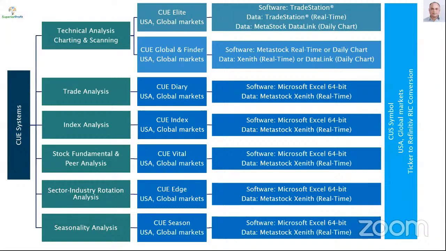In the master classes, we are covering all the Q systems and the underlying platforms one by one. Today we are going to cover how to install Q Global Market Breadth. It is a set of studies used to analyze the market using internals.